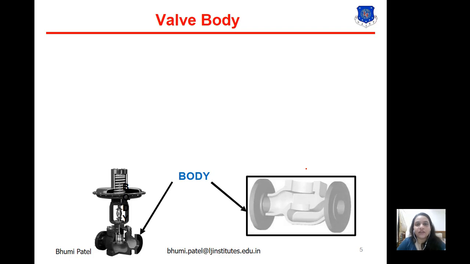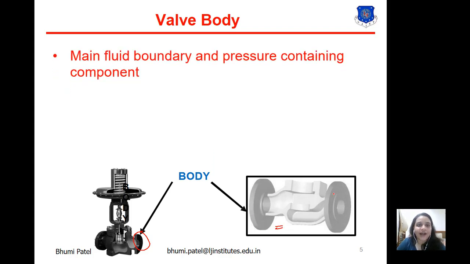So the next one is the valve body. You can see in this diagram, this is the valve body of the control valve. This is the big portion of the valve body. So what is the valve body? The main flow boundary and pressure containing component. What is the function of the body? It is the main fluid boundary and pressure containing component.